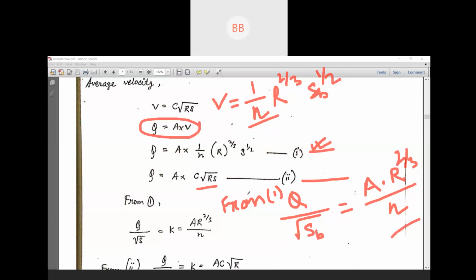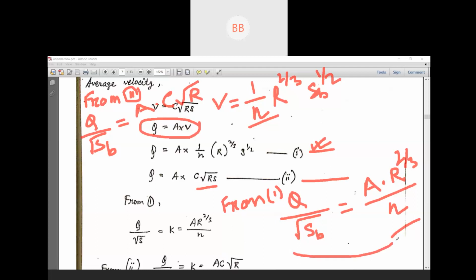Similarly, from equation number 2 we can also write Q divided by root over Sb is equal to area multiplied by C root over R. So from Manning's equation we can write this expression, and from Chezy's equation we can write this expression.